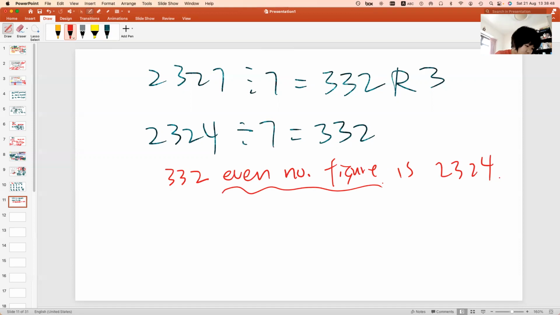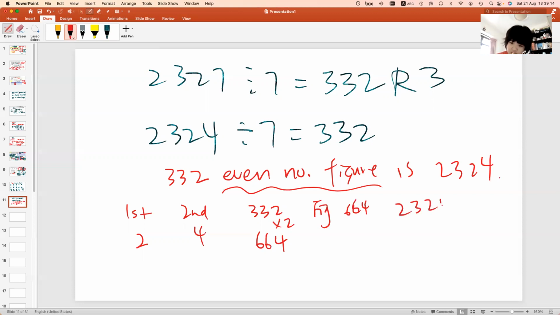Okay, so like I say, the first even number is 2, the second even number is 4. So we need to find the 332, right? So that means the 332 even number is, you times 2, which is 664, right? So that means figure 664 is 2324.